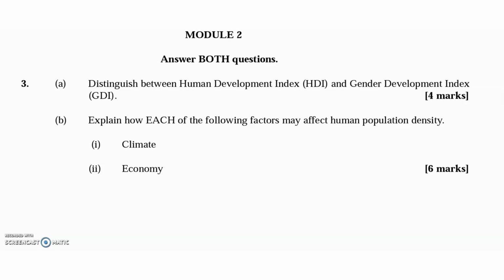Now, Part B, explain how each of the following factors may affect human population density. We spoke about distribution in the 2012 paper, I believe, about how climate influences it. If the climate is favorable, for example warm, there will tend to be a great degree of high population numbers in specific areas, contributing to high population density.